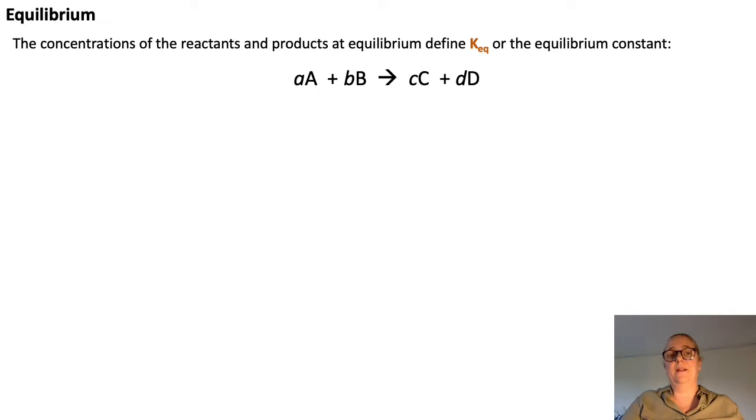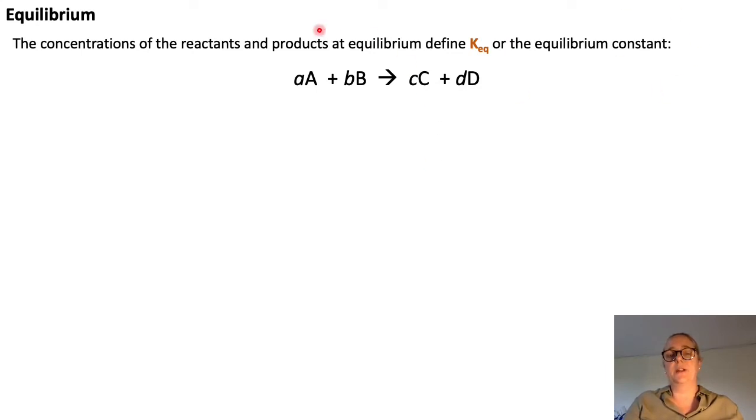Next, the concentrations of reactants, how much we put into the reaction, and products at equilibrium are defined by the equilibrium constant, K eq.